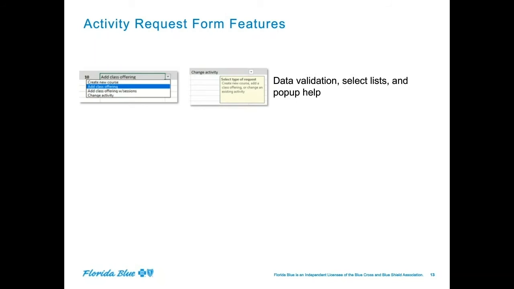So we have to tell the user what data they need to give us. If it's something like that, we usually put it in a pop-up. So you can see for the ILT, the pop-up validations: create a course, add class offering with sessions, change activity. And then the pop-up help, as you scroll across the form, boxes pop up that tell you what kind of data we're asking for.